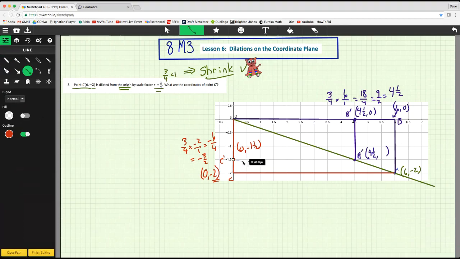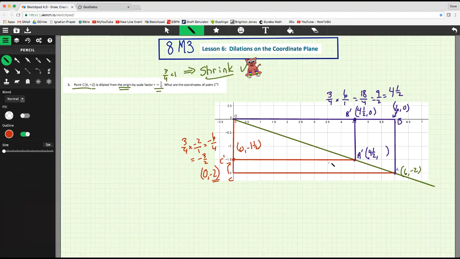So if we take this line over here, we now have two parallel lines. If this is scaled by 3/4, then going from here to here is scaled by 3/4 by the fundamental theorem of similarity.